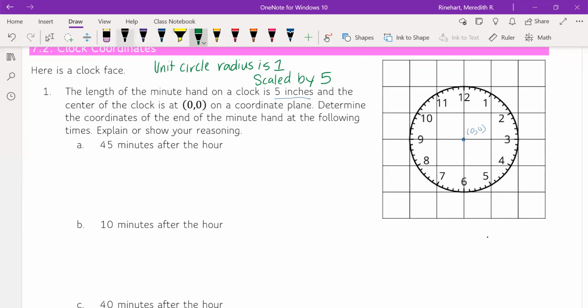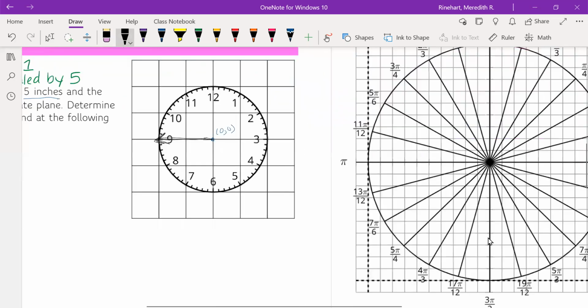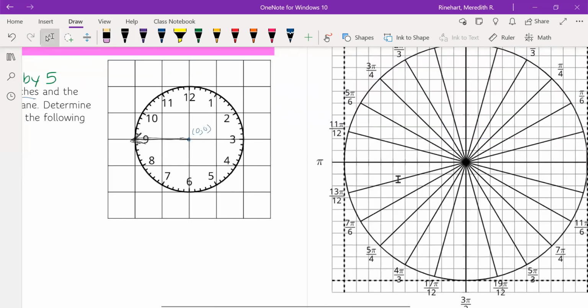The first thing that I want to do is approximate where 45 minutes after the hour would be. So the minute hand for 45 minutes is going to be at the 9. If we compare this to a unit circle, our coordinate angle measure would be pi.